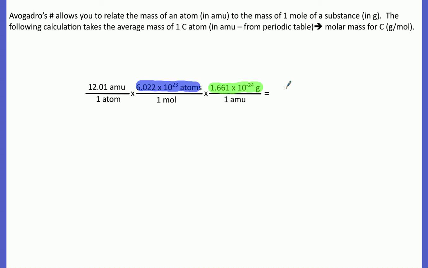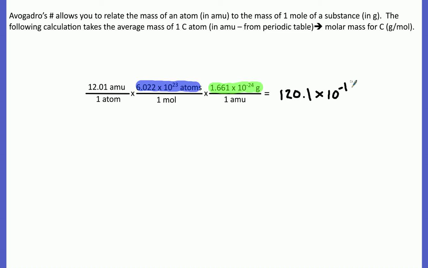But 12 times 6 times 1 is going to give me a number of about 120.1 on your calculator times 10 raised to the negative first power. Now remember, I just used my rules for that 10 to the power, right? And since I'm multiplying, I'm going to add, and 23 plus a negative 24 gives me a negative 1. But I also don't like that number right now because A, it's not in scientific notation, and B, this number is reasonable enough that I don't need scientific notation for it.